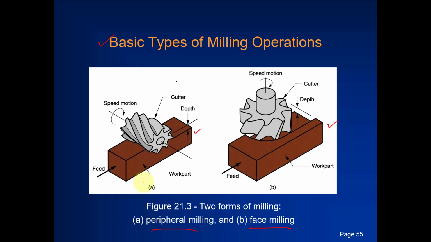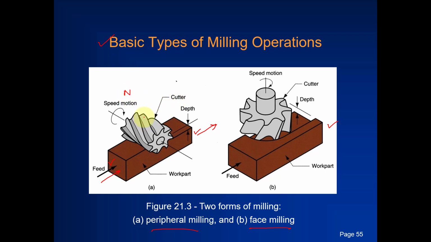What is the difference? In peripheral milling, if you look at this, this is the part and this is the feed, meaning the part is moving in this direction, and the cutter is only rotating with an RPM of n.